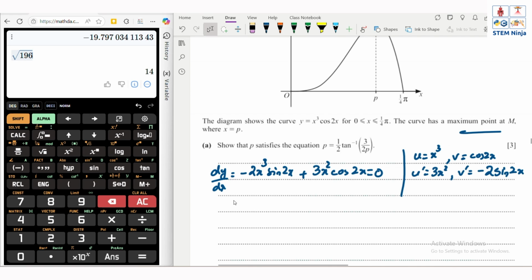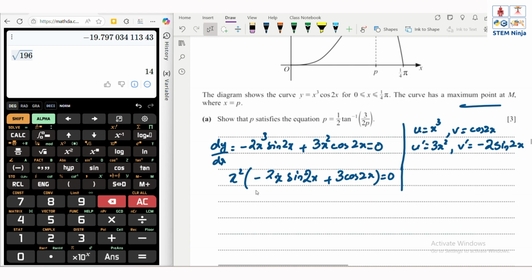We can take out the x squared. So this becomes minus 2x sine 2x plus 3 cos 2x equal to 0.